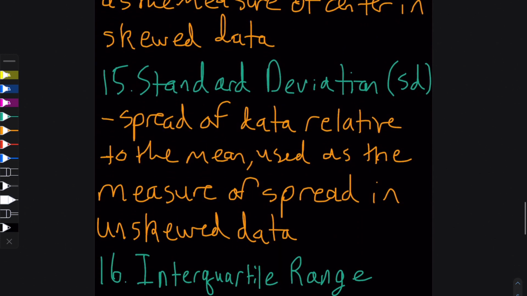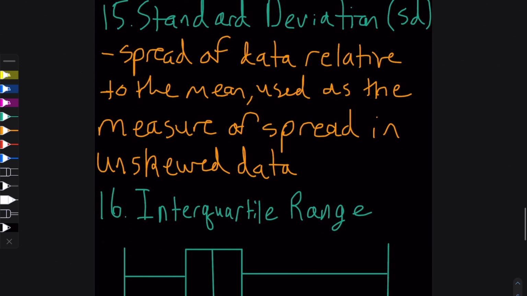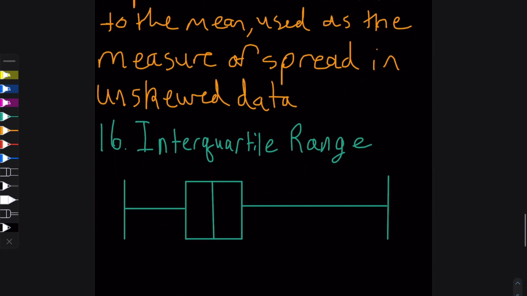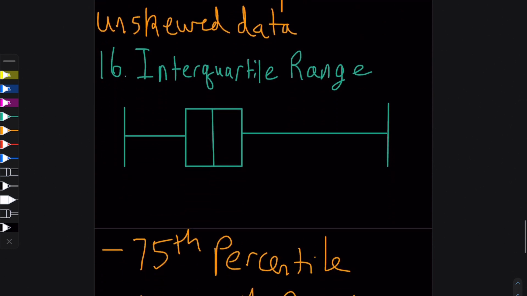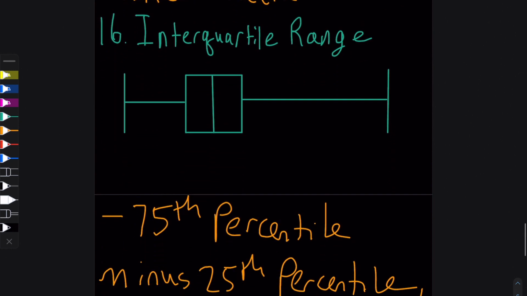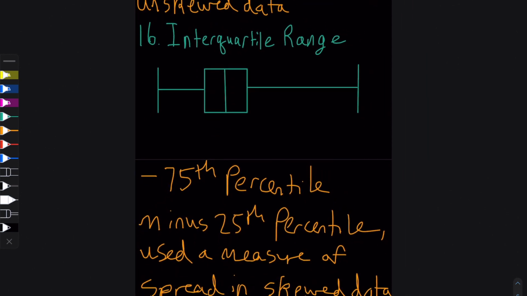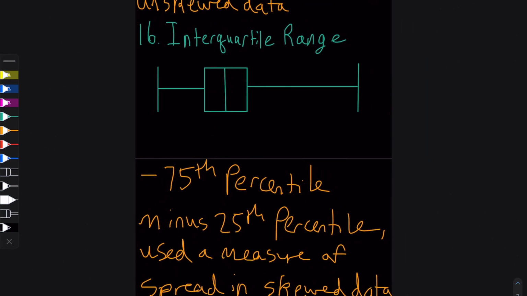So the next thing we have would be standard deviation, and this is how spread out the data is relative to the mean, and this would be our measure of spread in unskewed data. And now we have our interquartile range, and so the interquartile range is going to be used in skewed data to measure the spread.